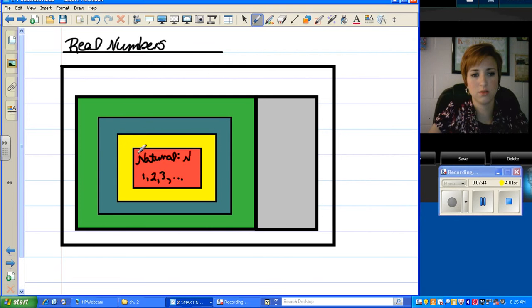The next group is whole numbers. Whole numbers are denoted by the letter W, and it is the natural numbers and 0. So it starts out 0, 1, 2, 3, dot, dot, dot.